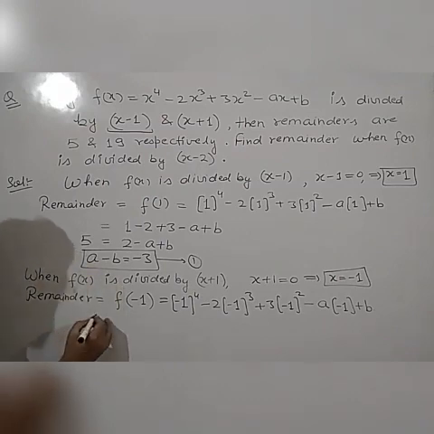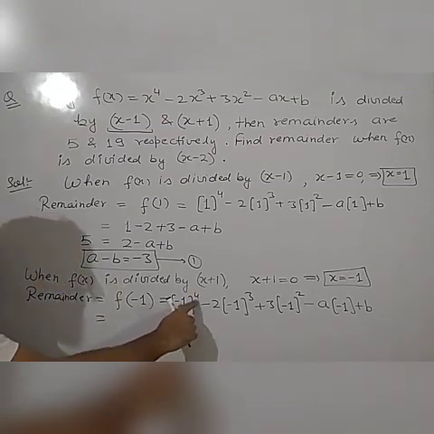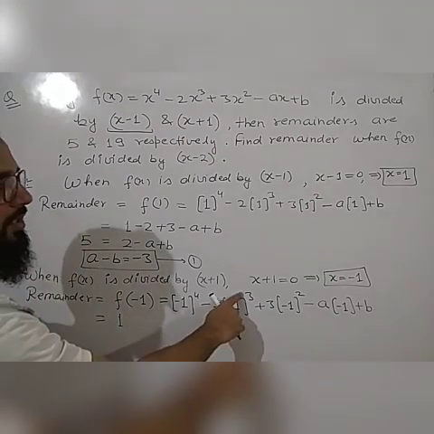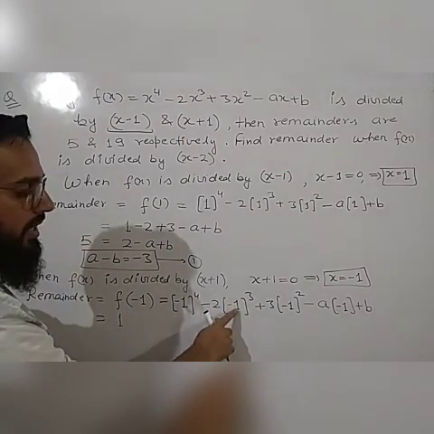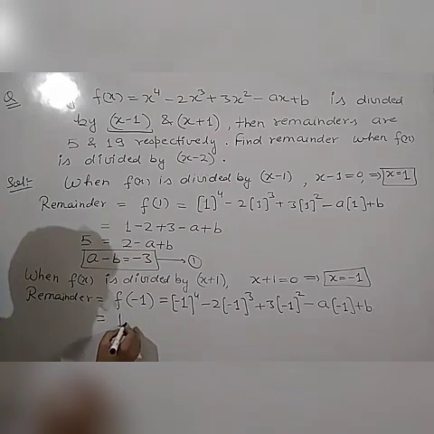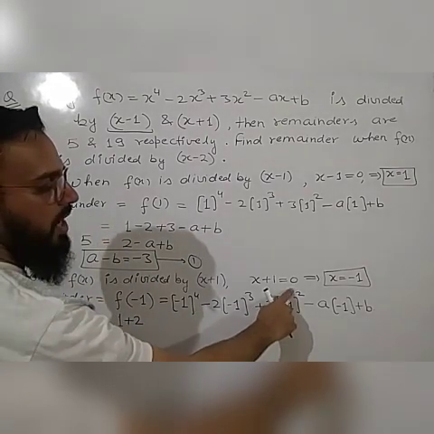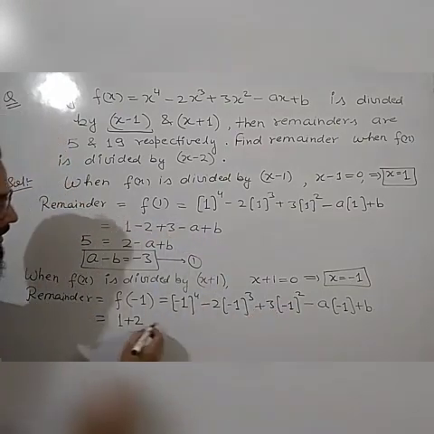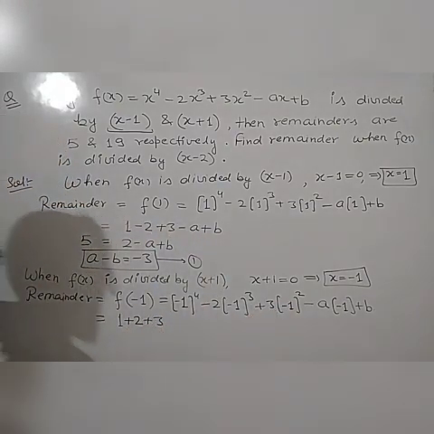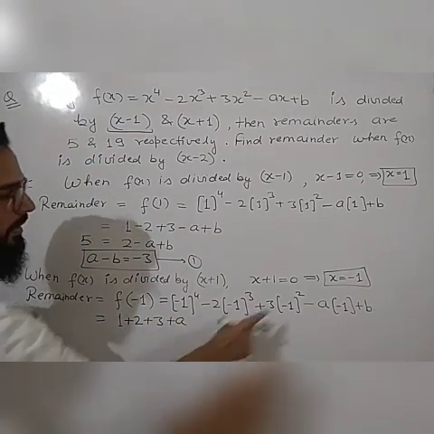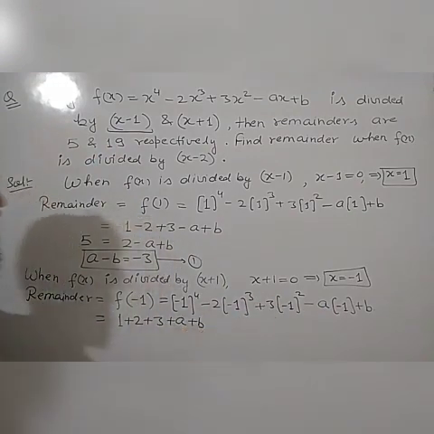Solving it further, minus 1 to the power 4 will be plus 1. Minus 1 cube will be minus 1, and minus 1 into minus 2 will be plus 2. Minus 1 square will be plus 1 into 3, so it will be plus 3. Minus a into minus 1 will be plus a, and plus b.